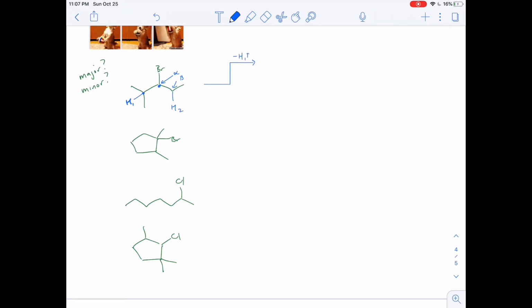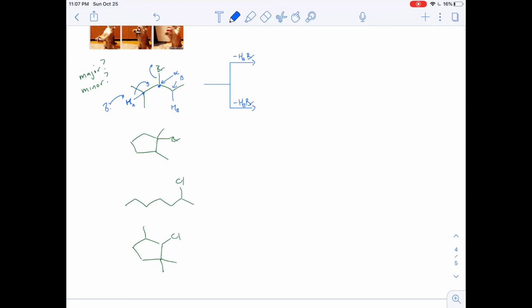I'm just going to abbreviate it as the loss of H1, that's actually a terrible example. I'm going to change H1, H2 to HA and HB, because H subscript 2 looks like H2Br, like there's two hydrogens, so my bad. All right, HA and HB.